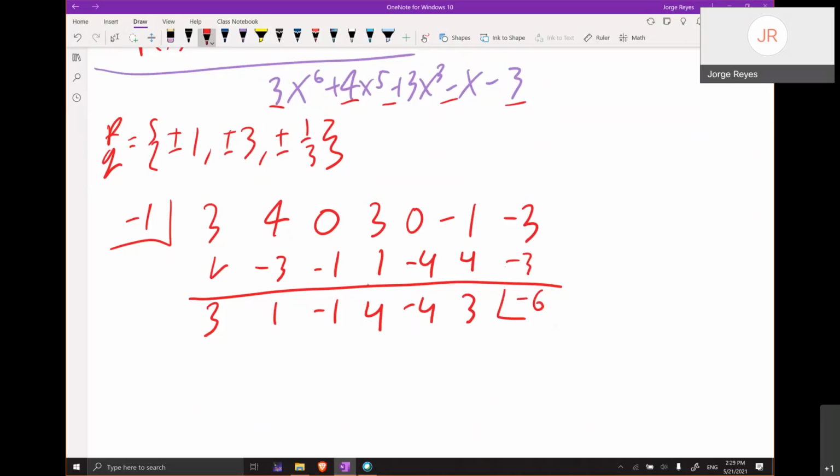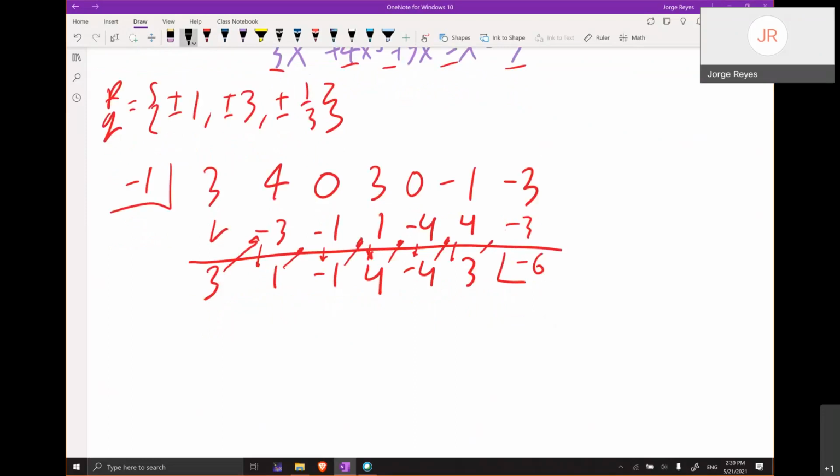Did I do that right? Negative, positive, negative, negative, positive. That's definitely positive. Negative, negative, negative. All right, so what that tells me is I should have just guessed 1, because 1 is magically the zero. 1 is the only positive real zero.